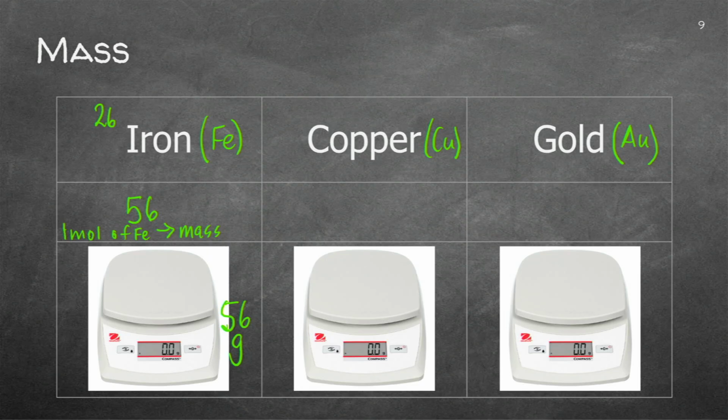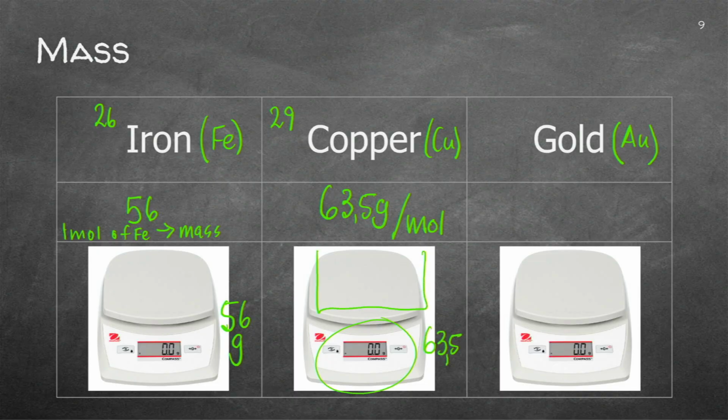Copper is element number 29. Can you see the mass is 63.5? Again, that's the mass of 1 mole. So this will be 63.5 if I have 6.02 times 10 to the 23 atoms of copper.